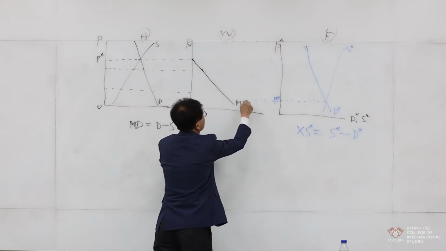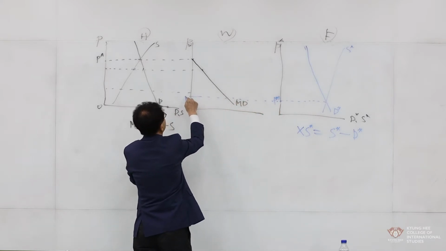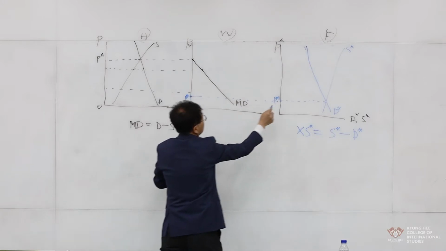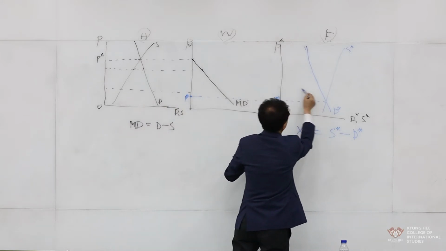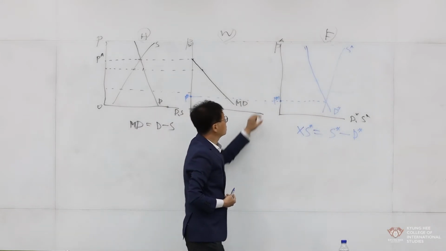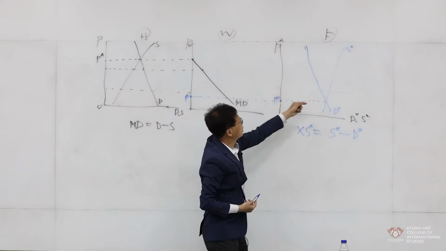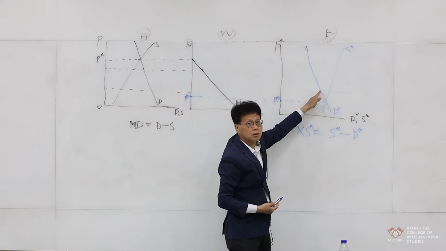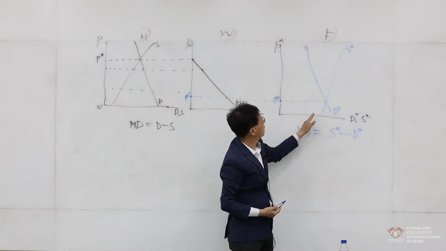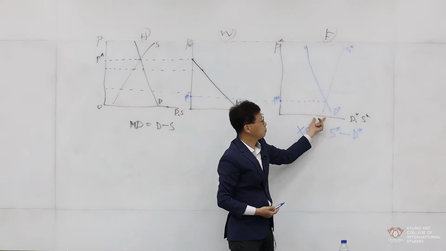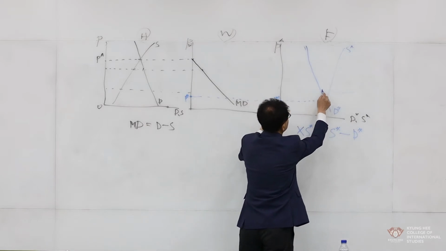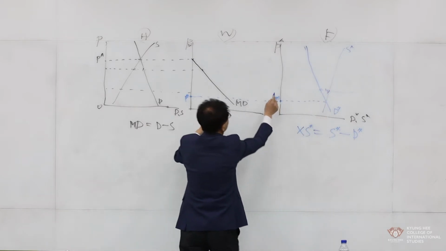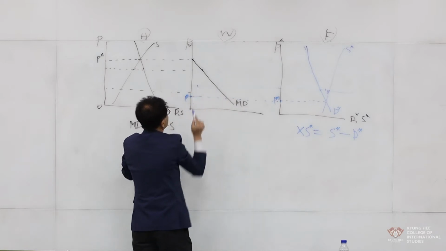The export supply curve at the world market starts from here, P star A. If the world price is here, for example, higher than the autarky price, then what happens? Domestic demand is this amount, and domestic supply is this one. The gap between the two is exported to the world or Korea, right? So export supply at this price is this one.